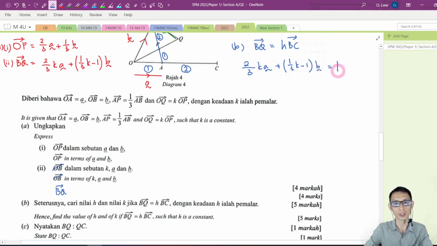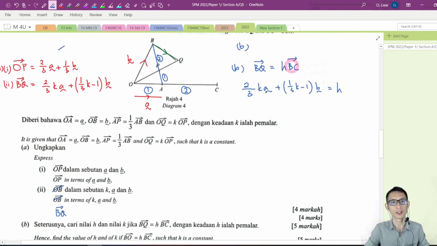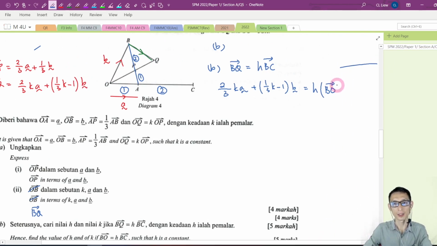HBC. What's BC? So BC is BO plus OC, right? BO plus OC. Now BO this way, negative B. OC this way.